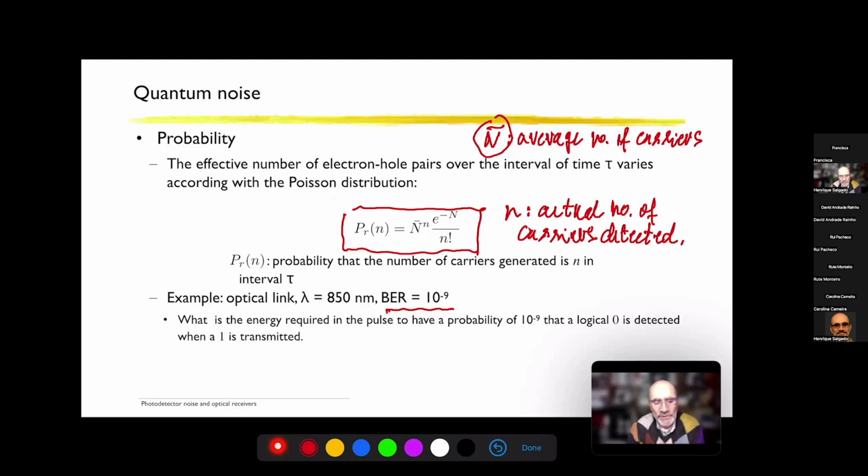And we want to find out what is the energy required in the pulse to have a probability of 10 to the minus 9 that a logical 0 is detected when a 1 is being transmitted.